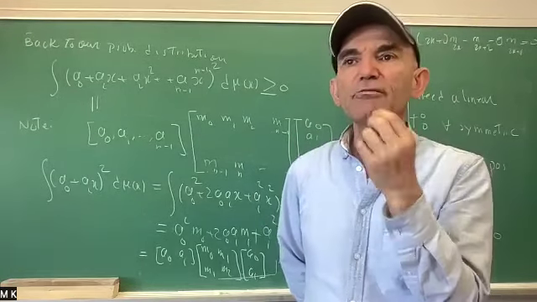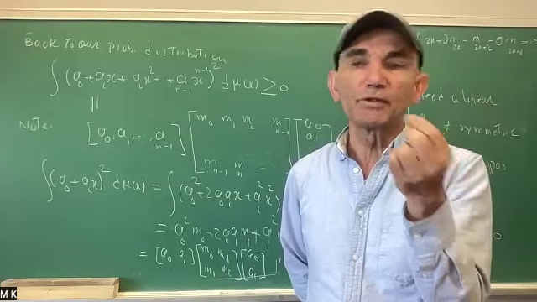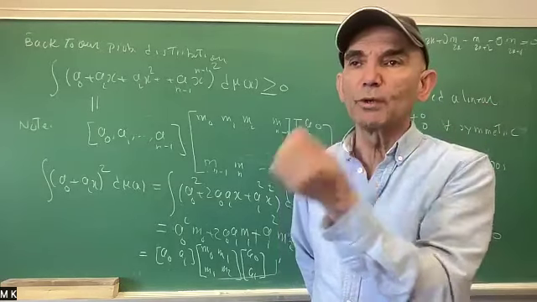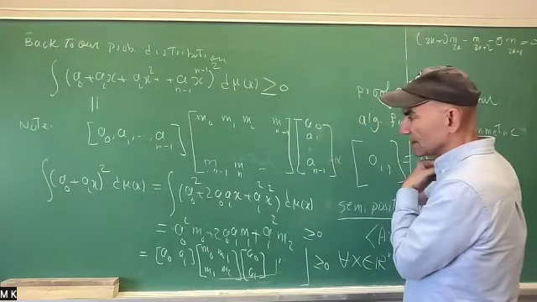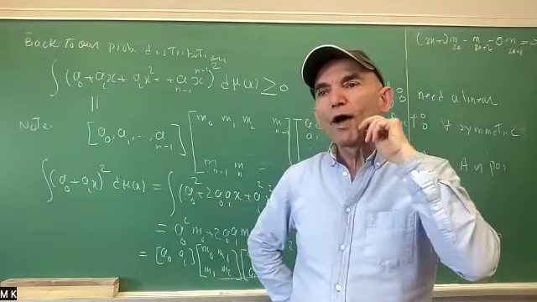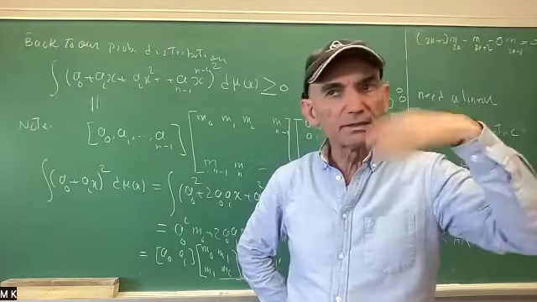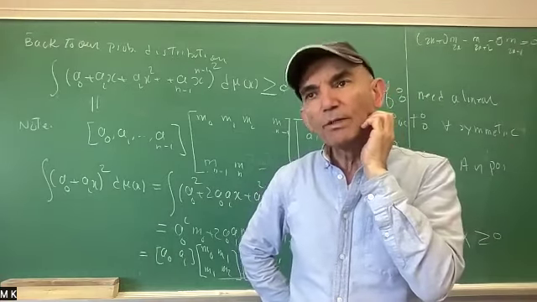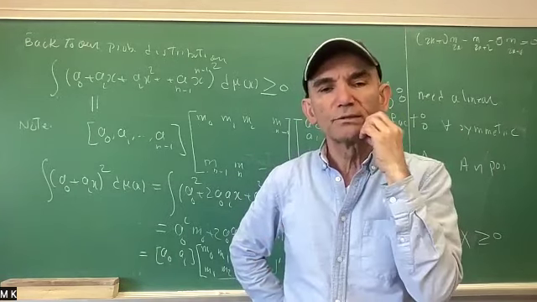He showed that given any sequence of numbers, m0, which is 1, and m1, m2, m3, and so on, that satisfies this positivity, that satisfies an infinite number of conditions, provided that sequence is not growing too fast, then there is a probability distribution on the line whose moments are these numbers.